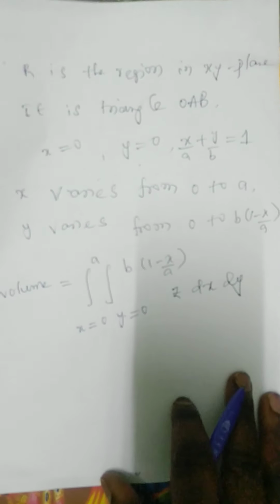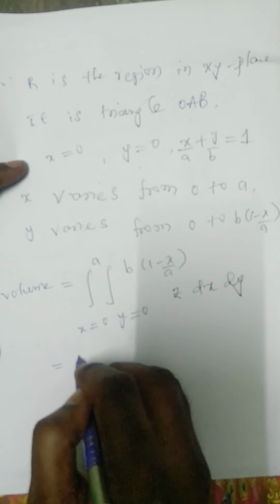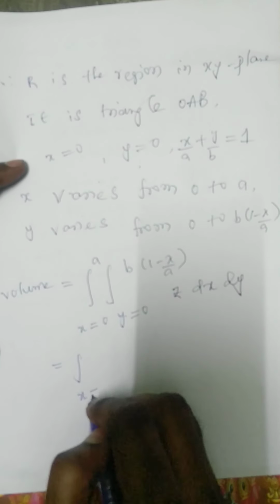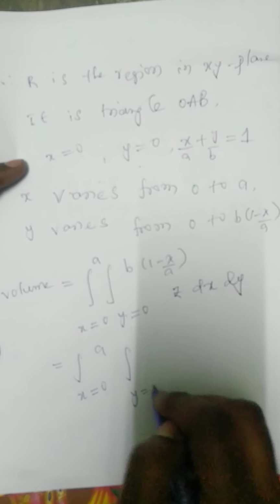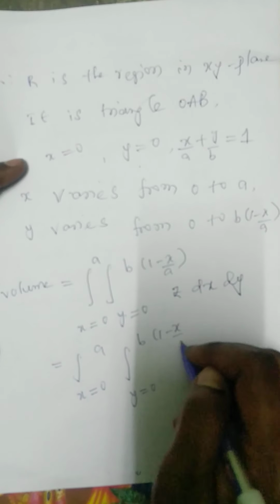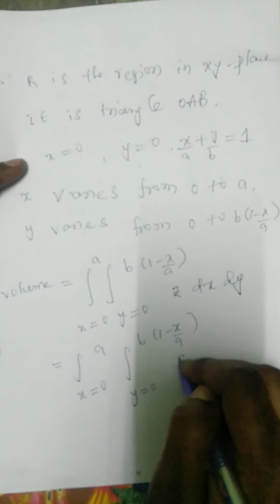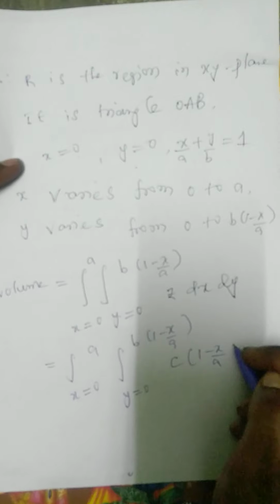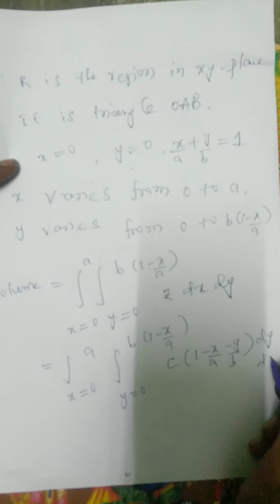Now in this, x equals 0 to a and y equals 0 to b into 1 minus x by a. Now what is z? z is nothing but c into 1 minus x by a minus y by b, and I am writing dy into dx.